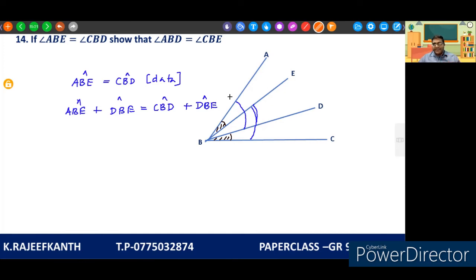First, they have given that angle ABE and angle CBD are equal. Then we have to prove that angle ABD equals angle CBE. For these two angles, this angle DBE is a common one. So if we add this common angle to this angle and this angle, then we can prove that.